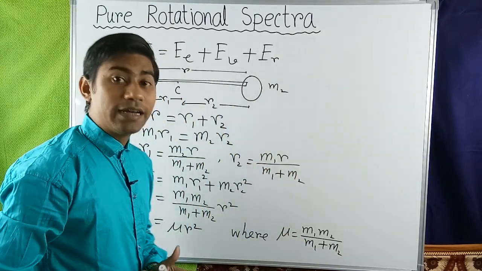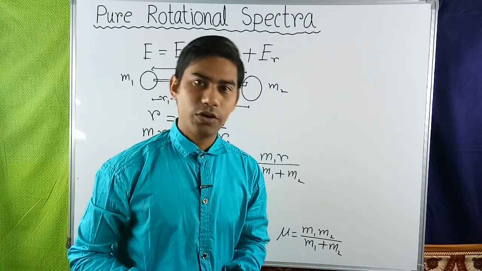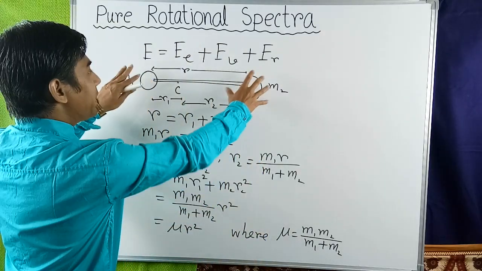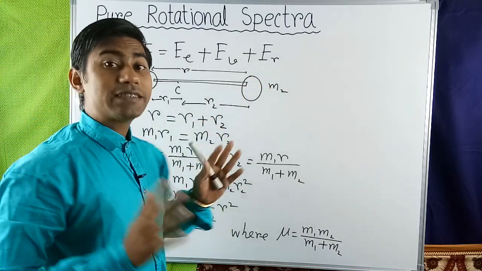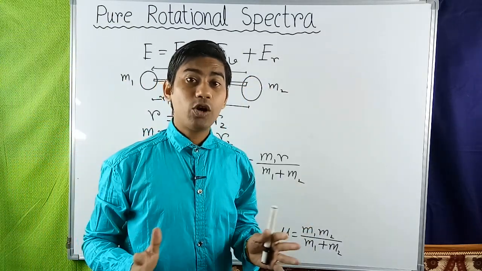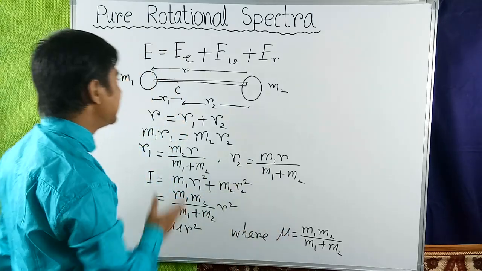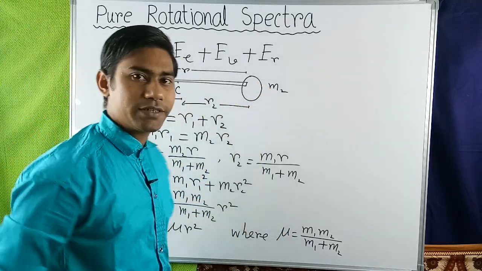Mu is called the reduced mass. Thus, the rotation of a diatomic molecule is equivalent to that of a single point mass mu about an axis at distance r from it.